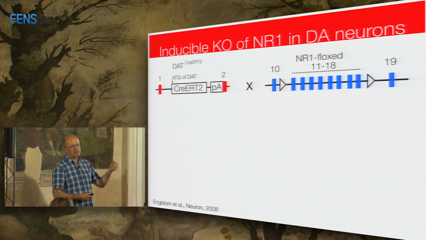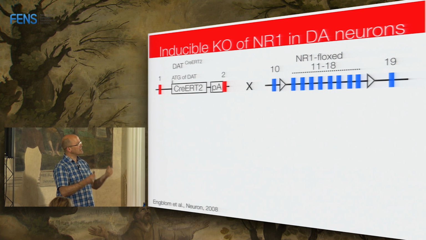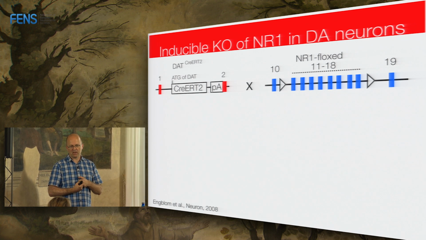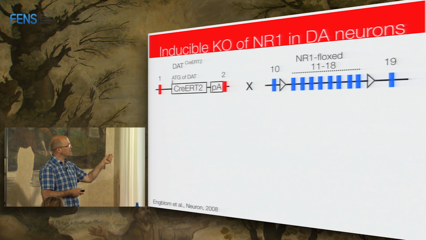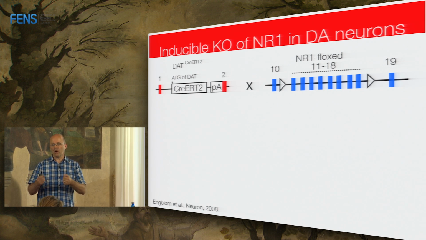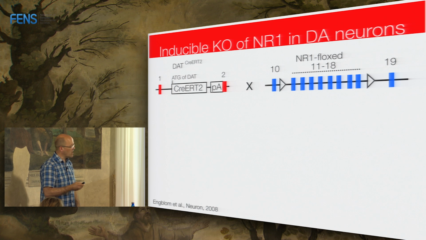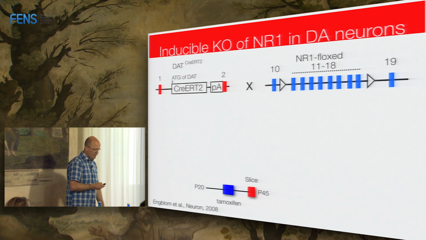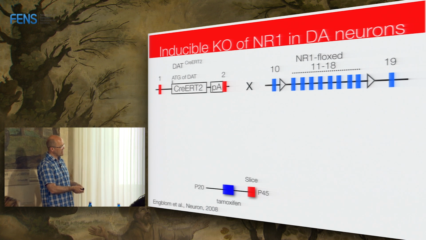We used an inducible and cell type specific knockout. By crossing a CRE-ERT2 containing mouse with an NR1 floxed, you obtain a knockout only in the dopamine neuron when these animals are exposed to tamoxifen.